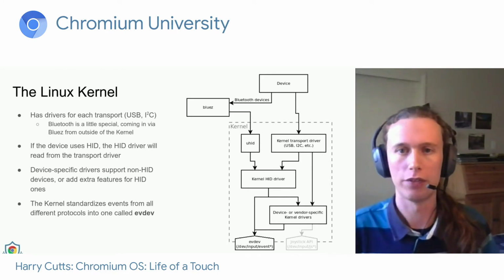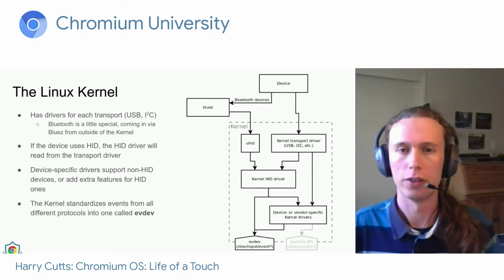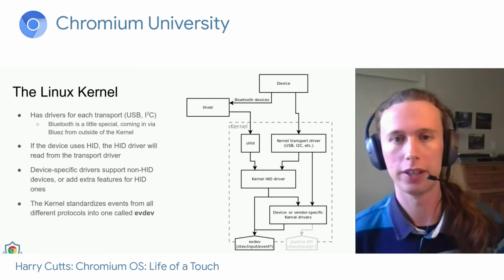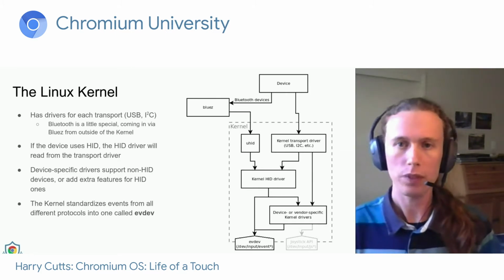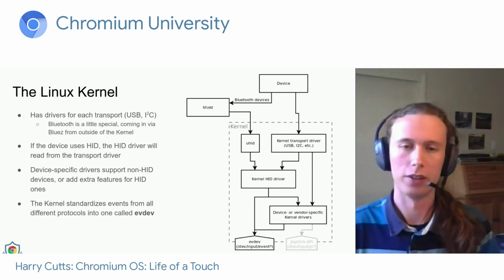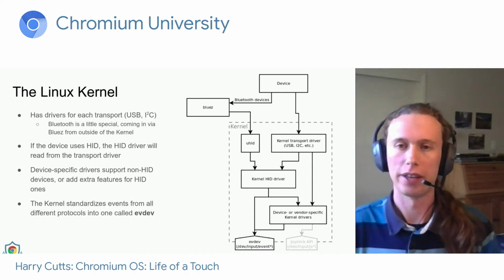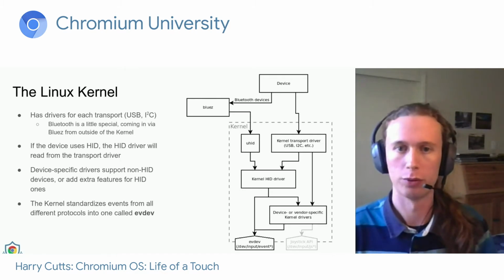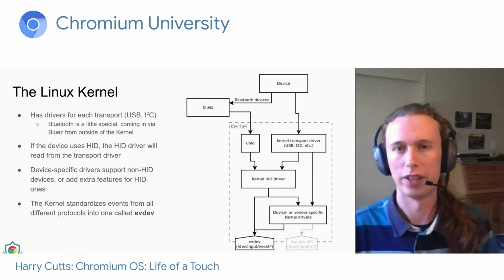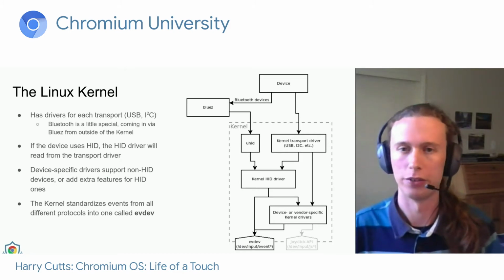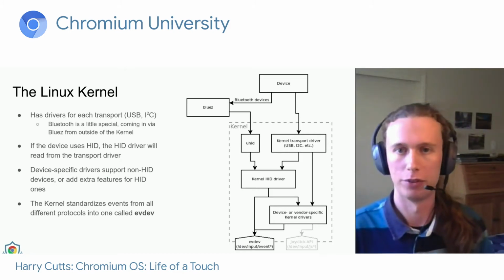So the HID driver will do as much as it can to interpret the packet, but can only do so much because there's only so much in the standard. So then there could be a vendor-specific driver that's provided, and that vendor driver can take the things that the HID driver wasn't able to do and add them to the report.